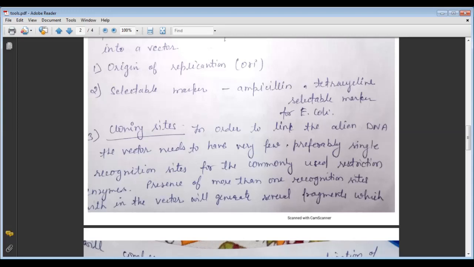Or we can say that this is the sequence from where the replication starts, and any piece of DNA when linked to this sequence can be made to replicate within the host cell. So this sequence is also responsible for controlling the copy number of the linked DNA. So this is the origin of replication.